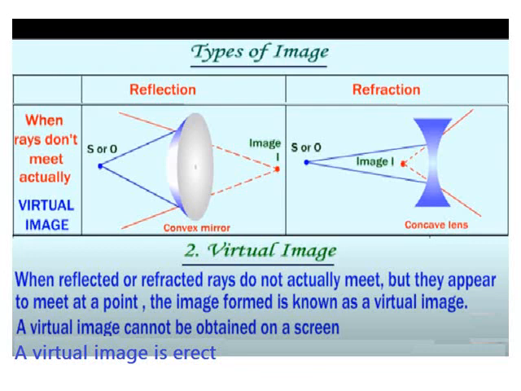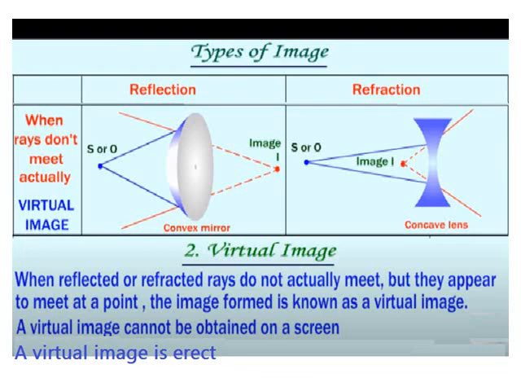So you can see the rays getting diverged, okay, and they meet at a point with the red dot. Where is the red dot now? It is on the same side of the concave lens. So in both the cases, the images are obtained by the extension of the reflected or refracted rays.